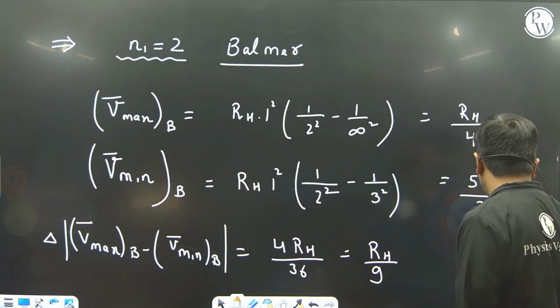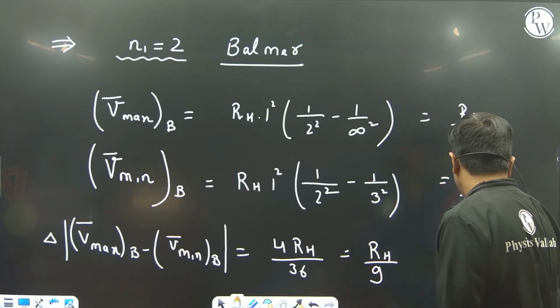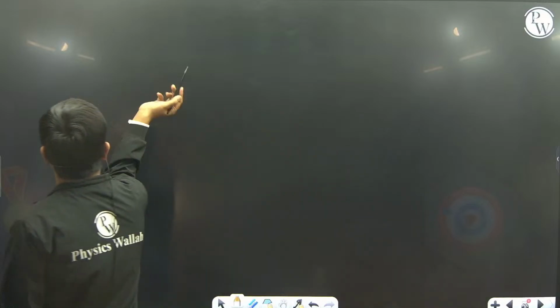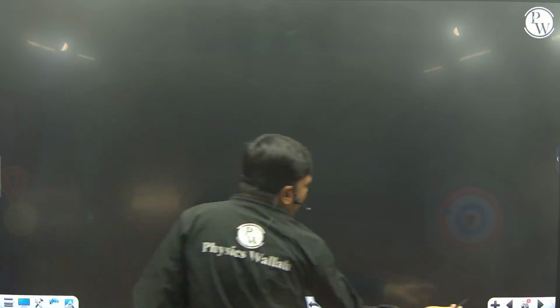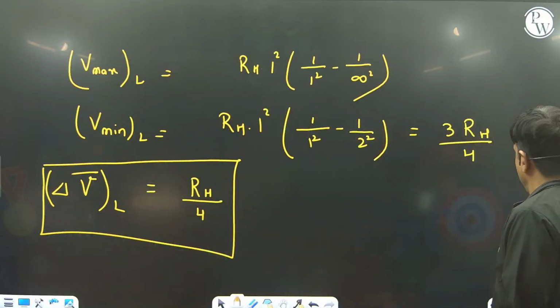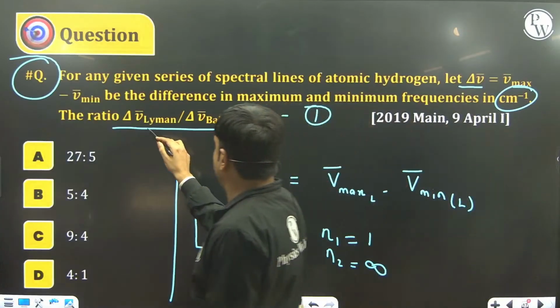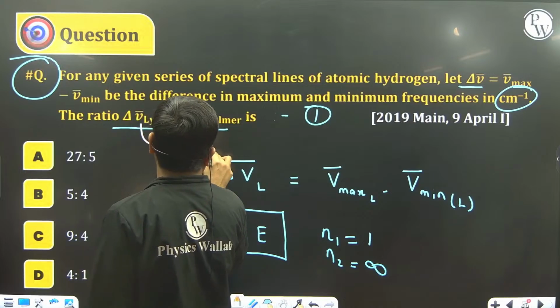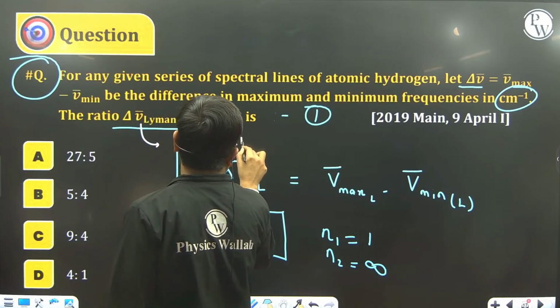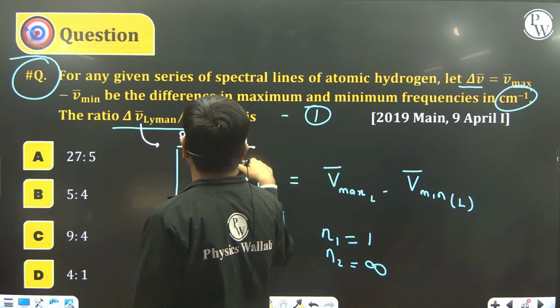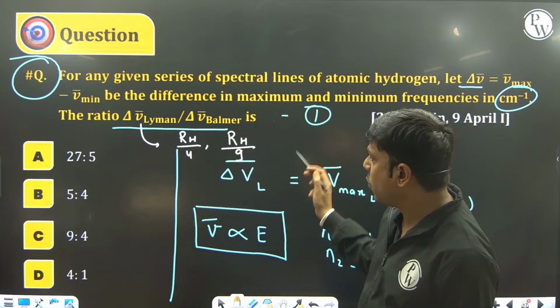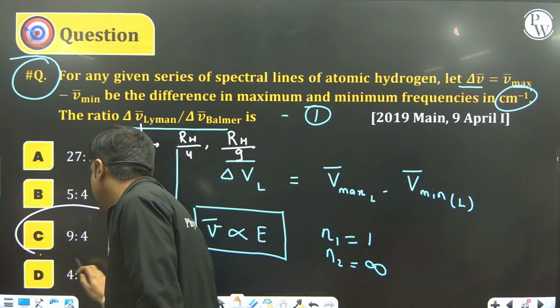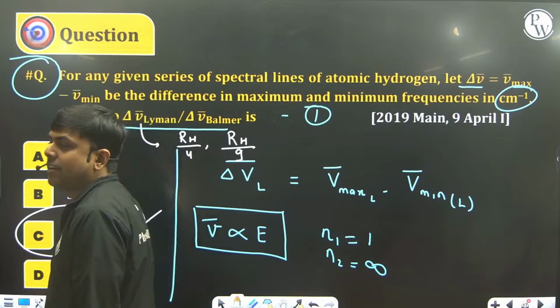Now I need to calculate the ratio. This is nothing but RH by 4, and this is nothing but RH upon 9. If we divide it, it will go as 9:4 is the correct key.